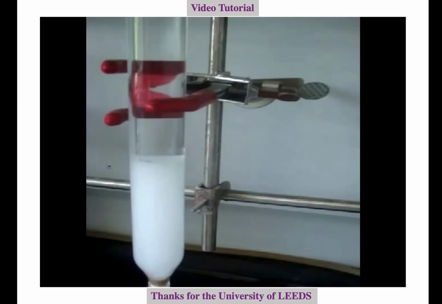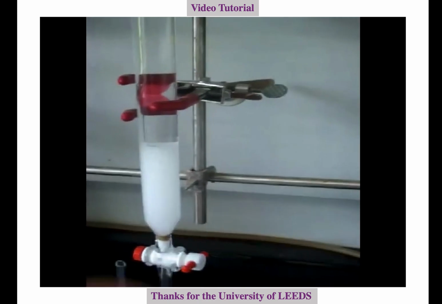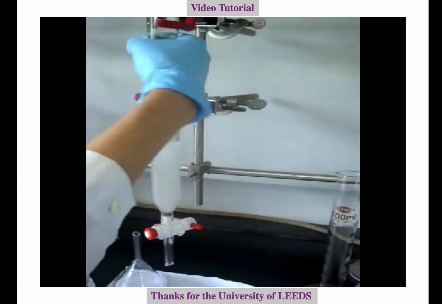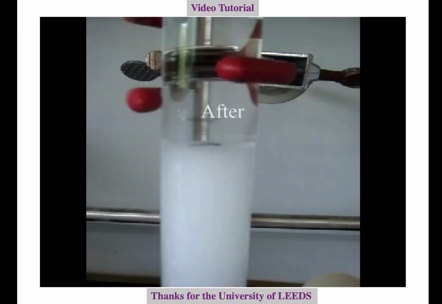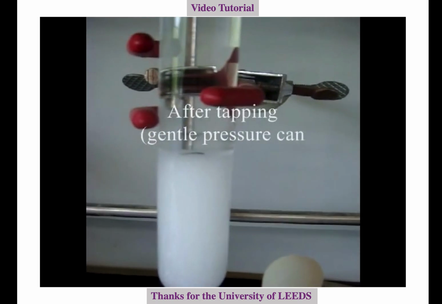Can you see? Now the silica powder is compacted. It's settled. It's just to shake and to make it more compacted, because we want as little space as possible between the particles of the silica.